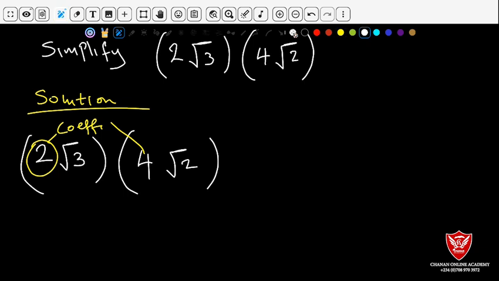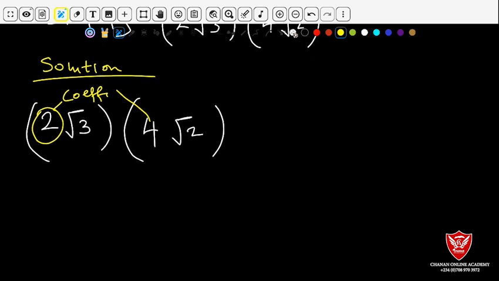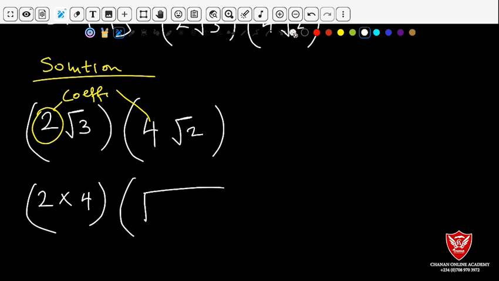So we are going to multiply the coefficients and also multiply the roots. So the coefficients are 2 and 4. So 2 multiplied by 4, put in bracket, and then root 3 multiplied by root 2.